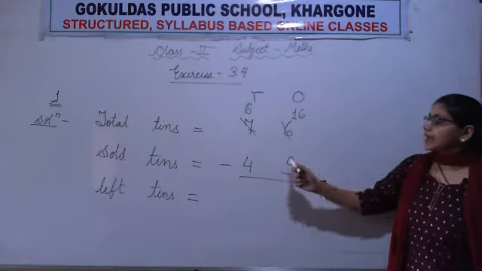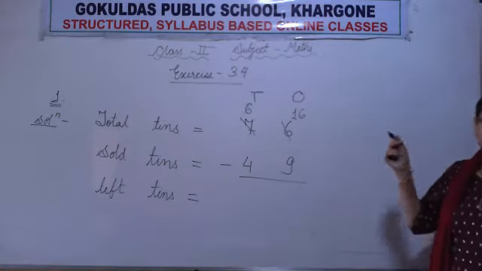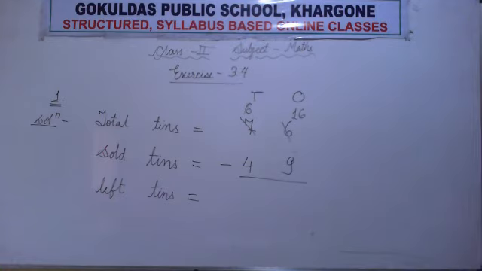Now 16 minus 9. All of you count 16 finger marks. Minus 9. So first of all, count 16 finger marks. Minus 9 is there, so count 9 times backward.